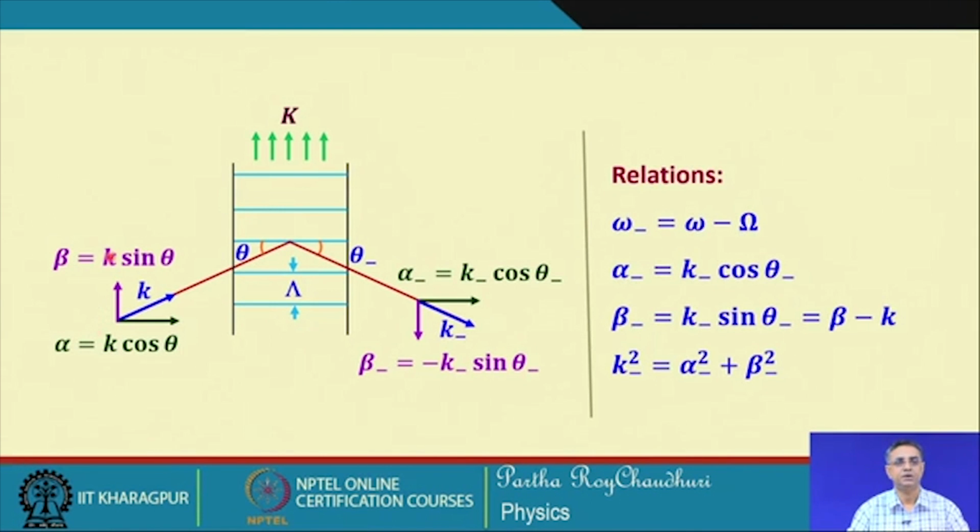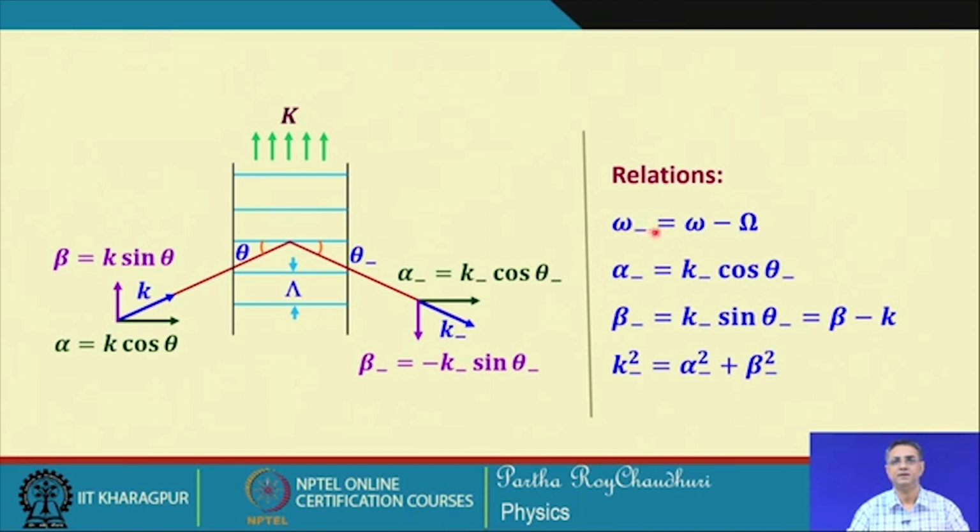Therefore, once again pictorially, this is your z component of the propagation. You see, now this time it is plus, because the wave is incident making an angle in this direction. So, you have β equal to k sin θ, but this β₋ equal to minus k₋ sin θ, and α is k cos θ, this is equal to minus k cos θ, and the rest of them are similar and identical.